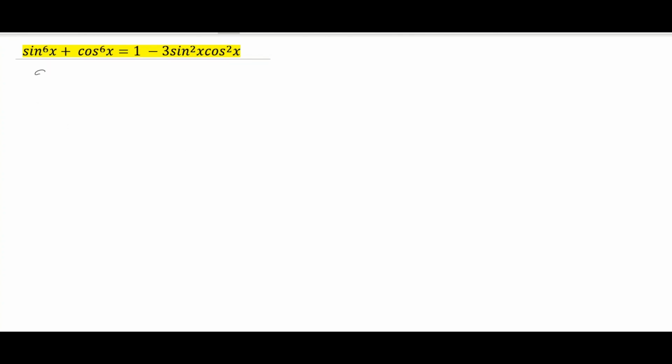This is nothing but like a power 6 plus b power 6, which can be written as a square whole cube plus b square whole cube. From a cube plus b cube is equal to a plus b whole cube minus 3ab into a plus b.